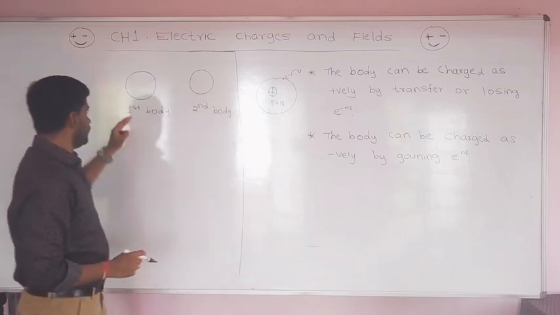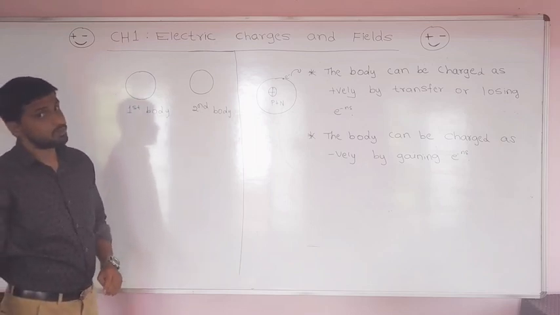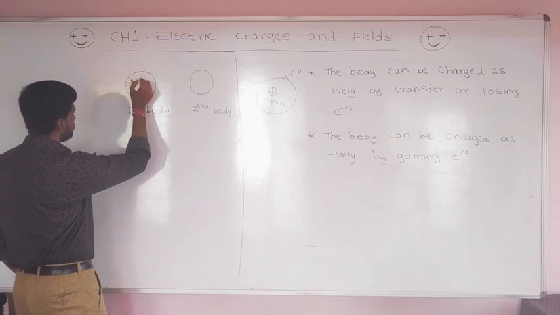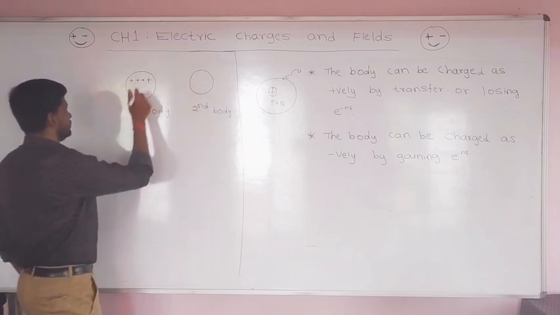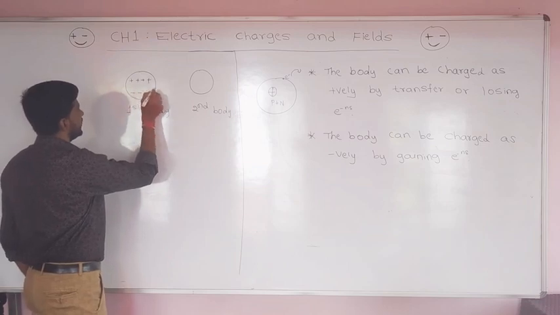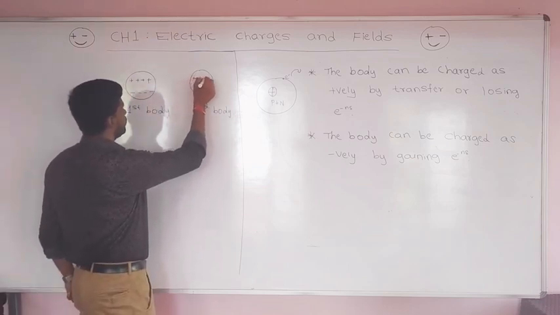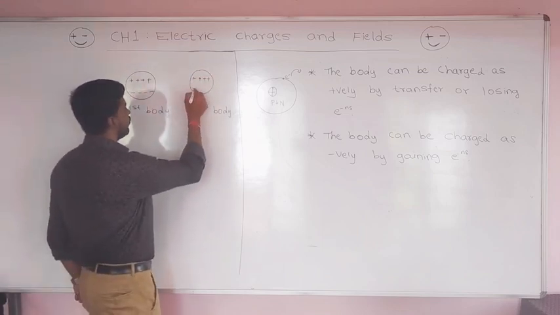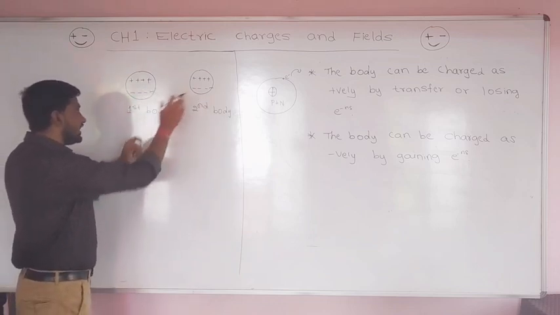So here also the first body and the second body have some charges. I am considering some charges in the first body: 4 positive charges and 4 negative charges, and the second body also consists of 4 positive charges and 4 negative charges. But now it is not a charged body.